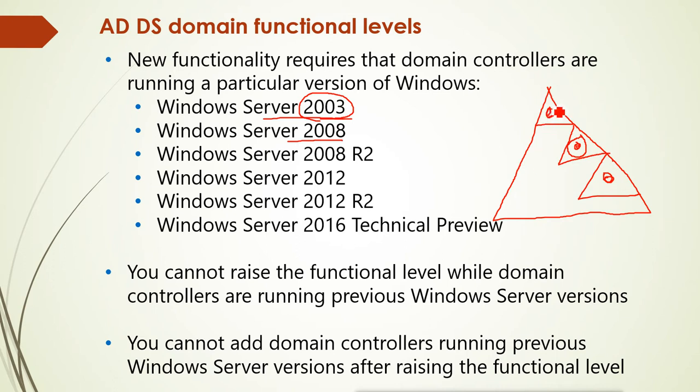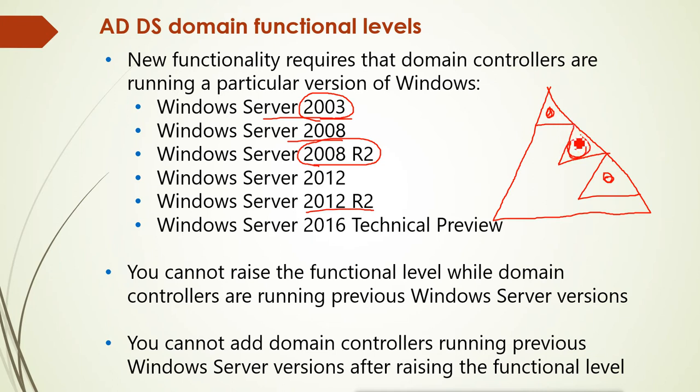That means if we have Server 2008 R2 here in this root domain, and I have upgraded to Server 2012 R2, I can add a Server 2016 domain here and use it.